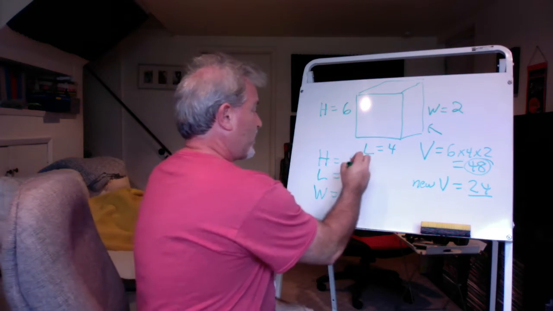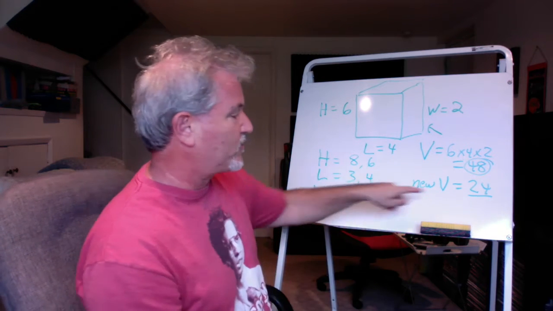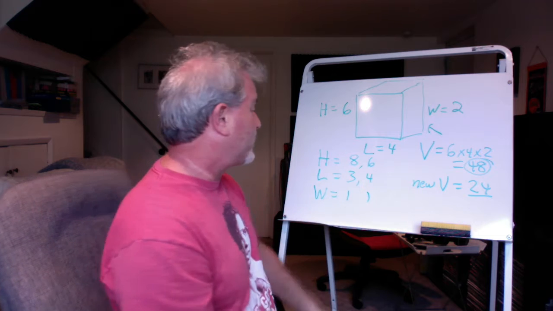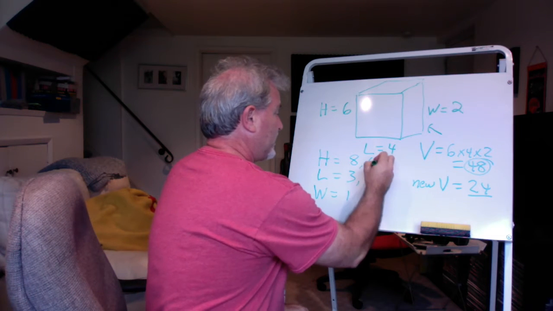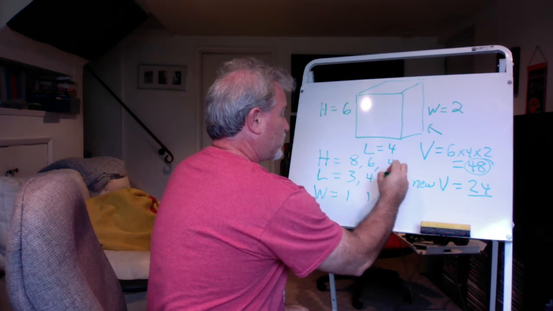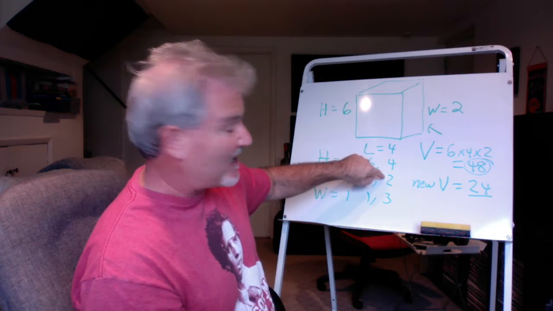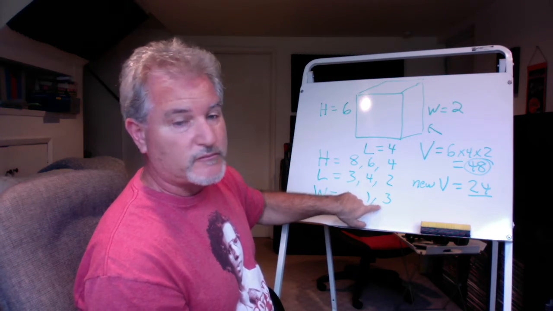That's one way I can do it. Another way I could do it is 6, 4, and 1. That equals 24. Another way I could do it would be, let's say, 4 times 2 times 3, because 4 times 2 is 8, and 8 times 3 is 24.